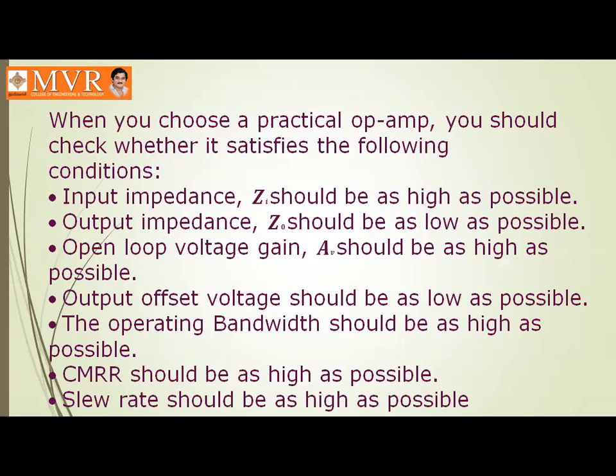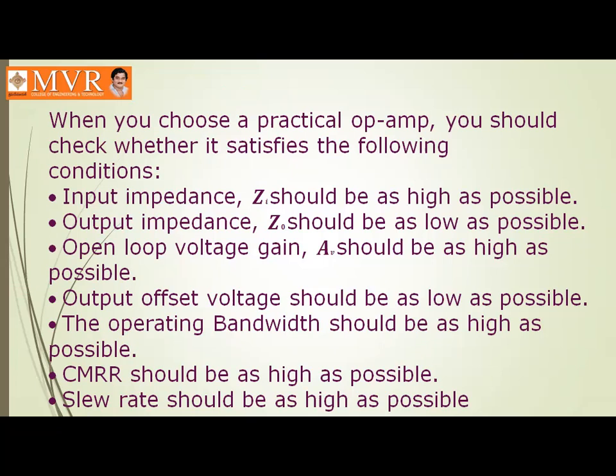And then some of the conditions you have to take care of when you are choosing a practical op-amp. Input impedance must be as high as possible, output impedance must be as low as possible, and open loop voltage gain must be as high as possible.